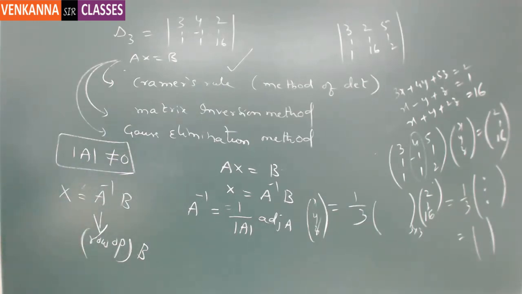Okay. So this is the procedure for the matrix inversion method. And let us go with the Gauss elimination method. Shall I continue? Any questions?